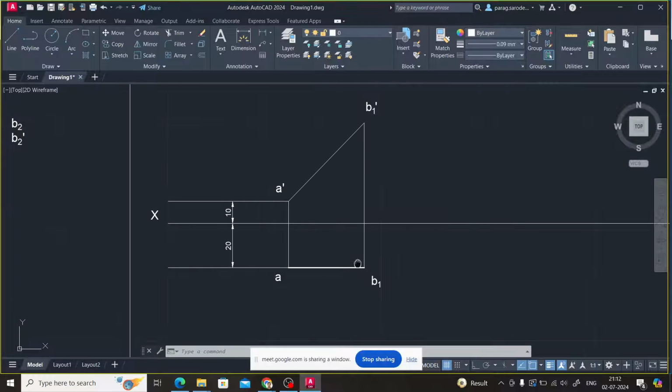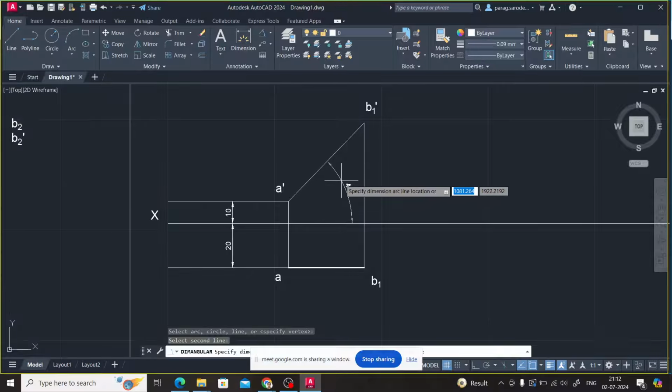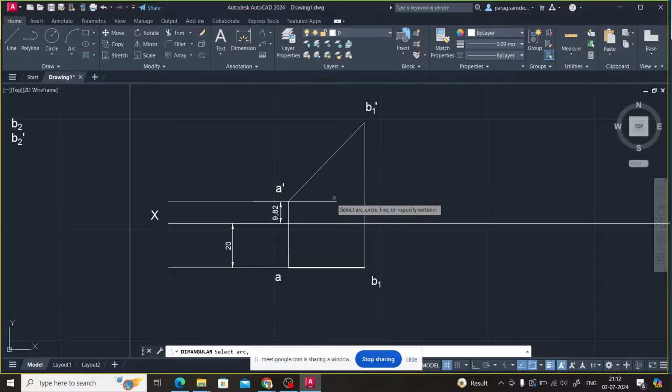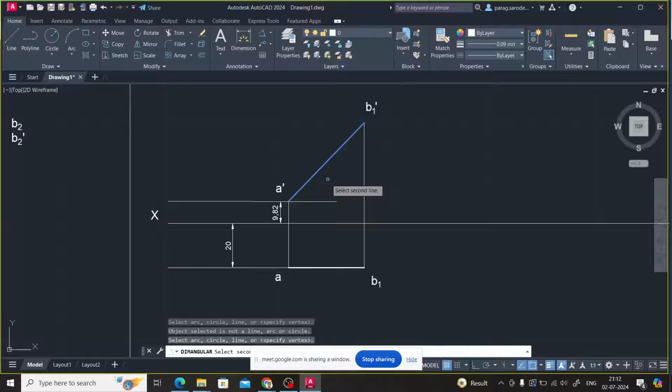Yes, sir. Now I need to show what the angle is here, so I will select this angle, and this is 45. Sometimes you can drag this to have guidelines.